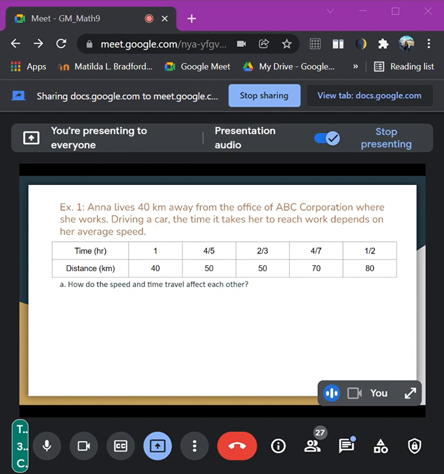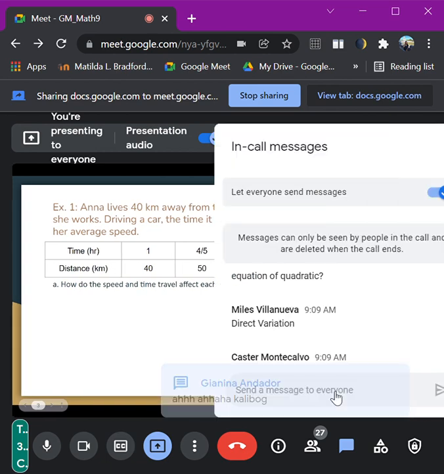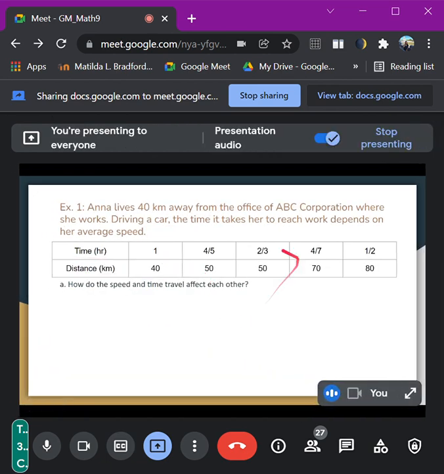How does it affect each other? Sige. Unsay nahitabo sa iyahang time, class, o sa iyahang distance? From 1 hour to 30 minutes and then from 40 to 80. Ayaw kalibog, tanawa lang ang table.